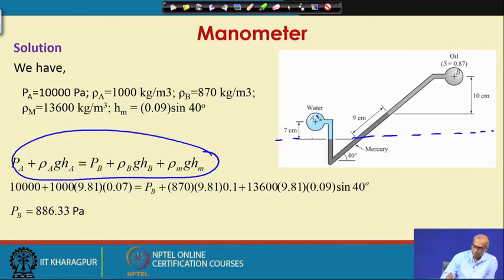So, I can write P A plus pressure due to this, which is density rho A times g times 7 centimeter, which is 0.07 meter, is equal to P B plus rho g H term corresponding to this and also rho g H term corresponding to this.